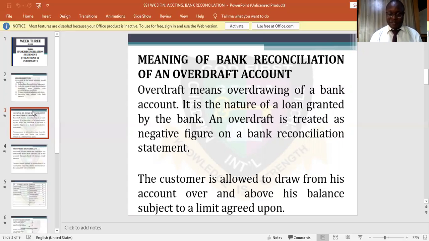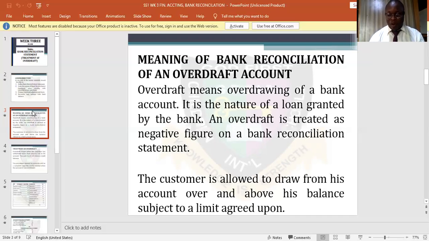So an overdraft is treated as a negative figure. My student, anytime you see an overdraft, you have to know that it's a negative figure. On a bank reconciliation statement, the customer is allowed to draw from his account over and above his balance, subject to a limit agreed upon.